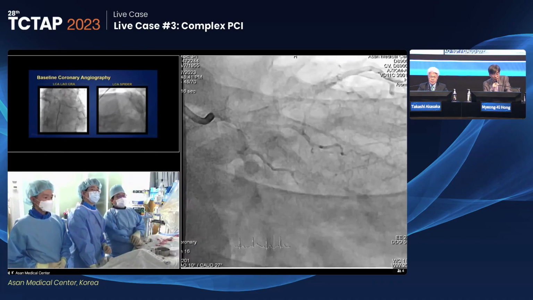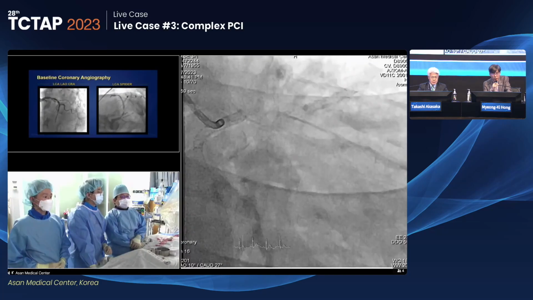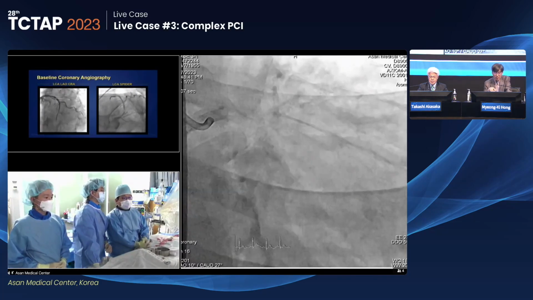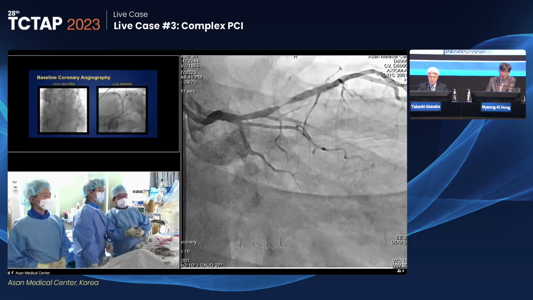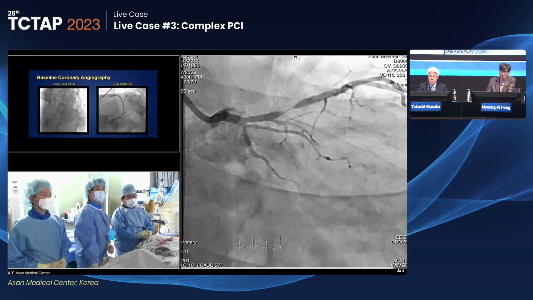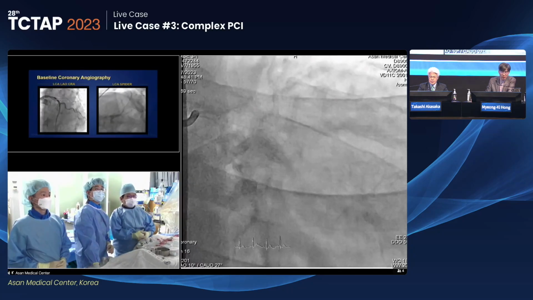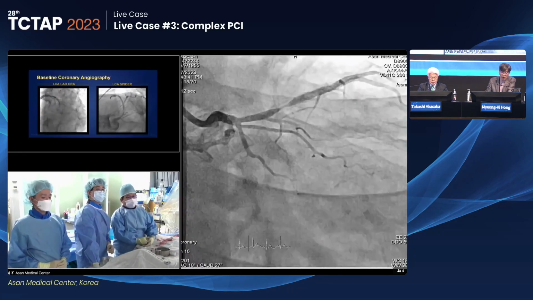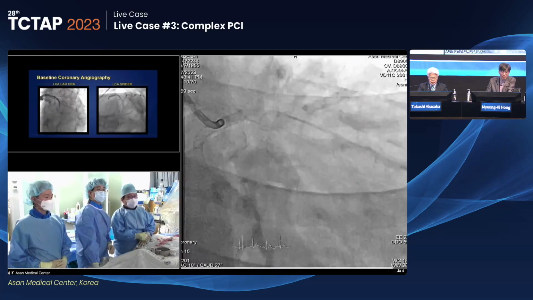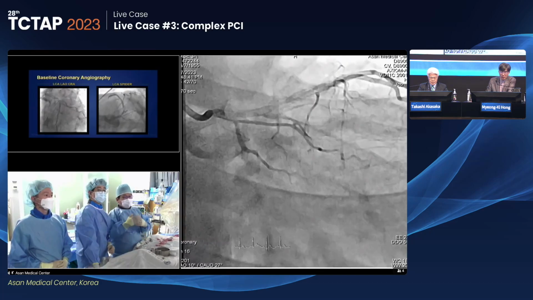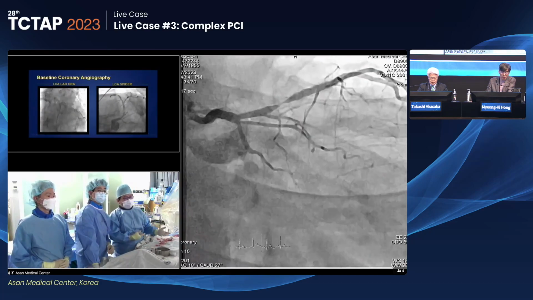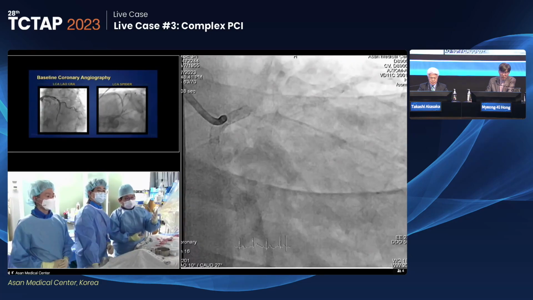Okay. In these images, what is your target for the PCI in this case? What is your plan? Yes, thank you, Dr. Hong. I'd like to summarize the patient angiogram, and I'd like to explain my plan. Based on the baseline, the patient has RCA total occlusion and circumflex total occlusion, LAD diffuse disease. 2 years ago, we put the stent in RCA and LAD, but we didn't treat the circumflex.